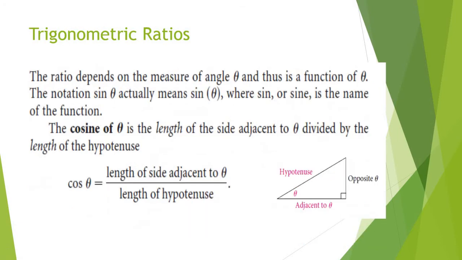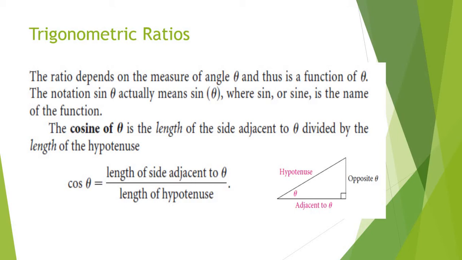Next, again the ratio depends on the angle, and thus it is a function of theta. The notation sine theta means that sine is the name of the function. Cosine is also the same thing: it is adjacent over hypotenuse.